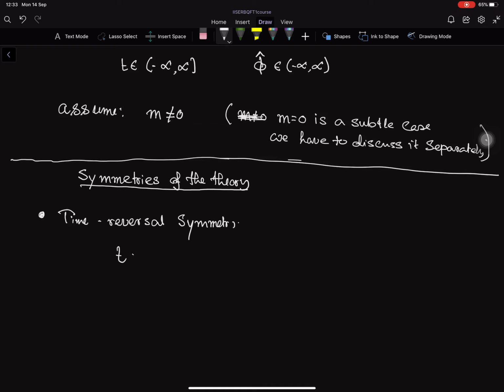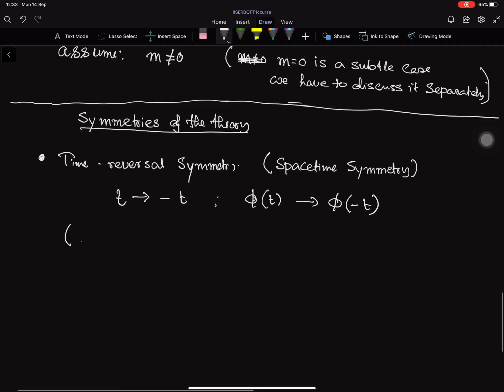This is a space-time symmetry, so under that t goes to minus t, and phi of t goes to phi of minus t. Since this is a discrete symmetry, there is no conserved charge.